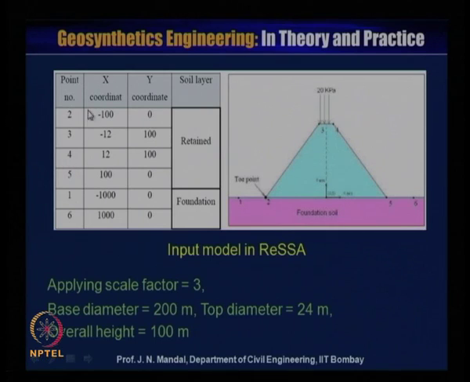For point 5, this will be 100 and this 0. And for the foundation, you are taking this 1 and this 6. So 1 is minus 1000 and this is 0 and 6 is plus 1000. So this is the input model in RESA, applying this scale factor 3.